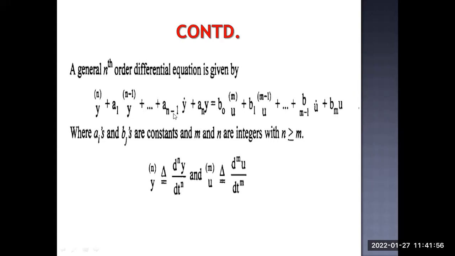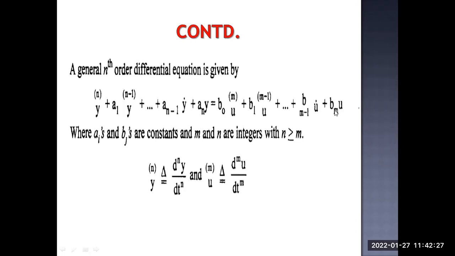Plus up to an y, where y dot means the first derivative, dy by dt, equal to b0 into u to the power m. These are the outputs, and these are your inputs. So b0 into u to the power m means the mth order derivative, d^m u by dt^m. Plus b1 u to the power m minus 1, plus up to b(m-1) u dot plus bm u.